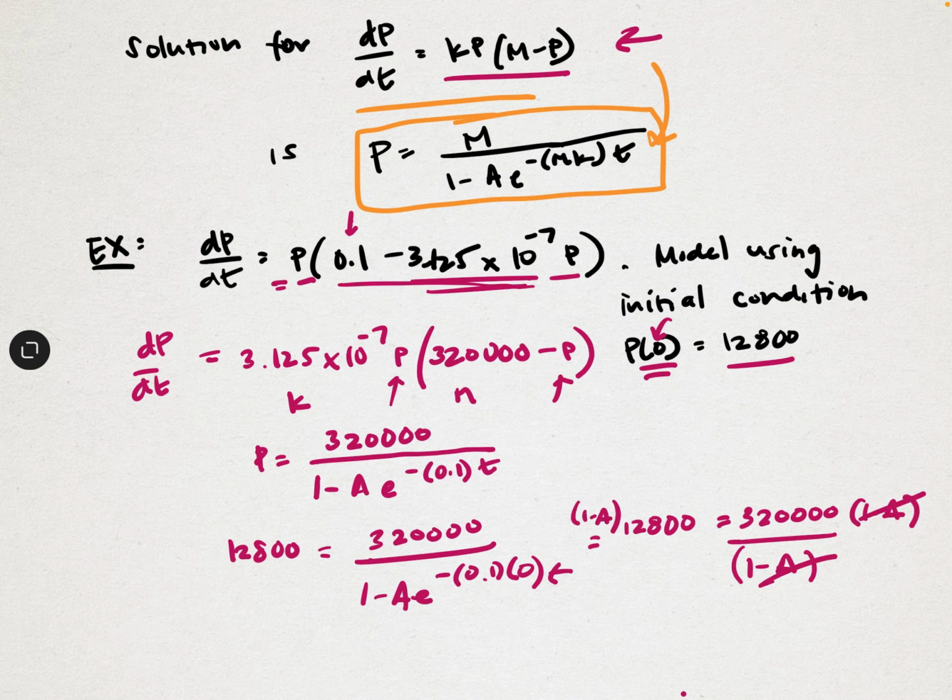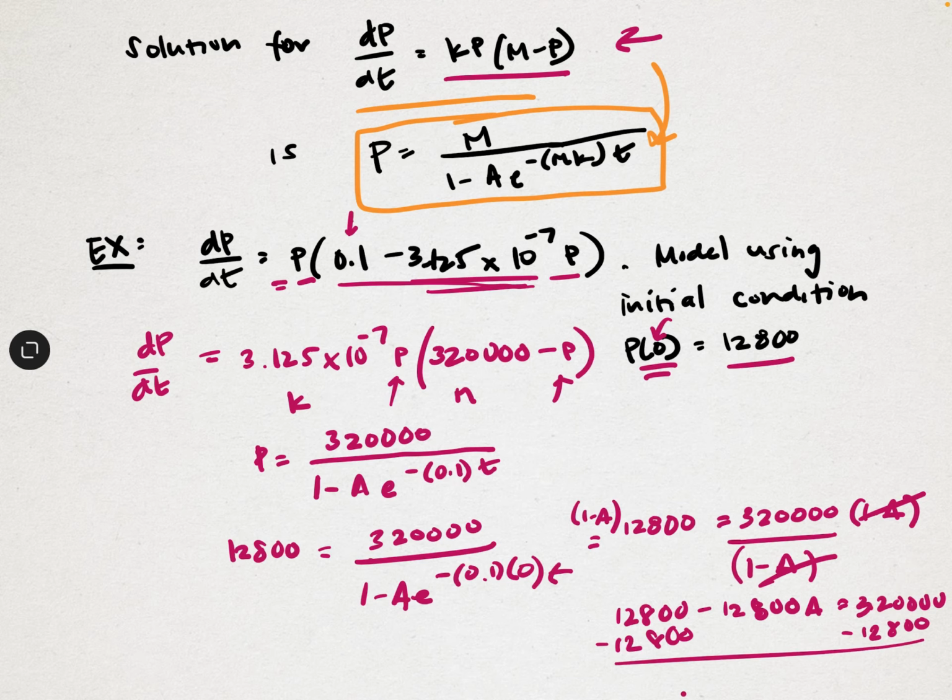So these cancel out. And then we get 12,800 minus 12,800a equals 320,000. Sorry, we're running out of room here, but then we subtract and then divide, right?